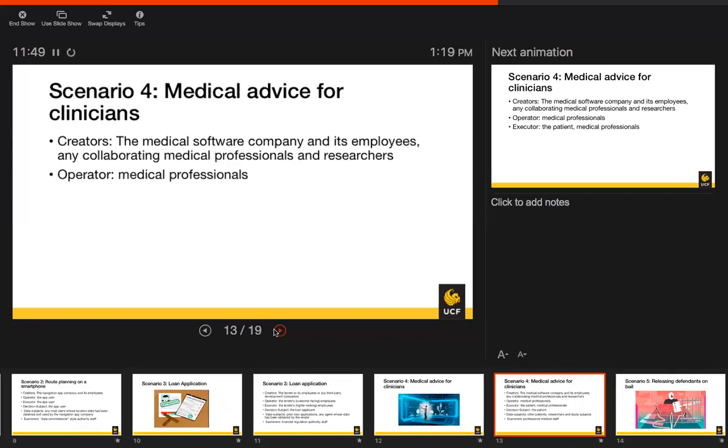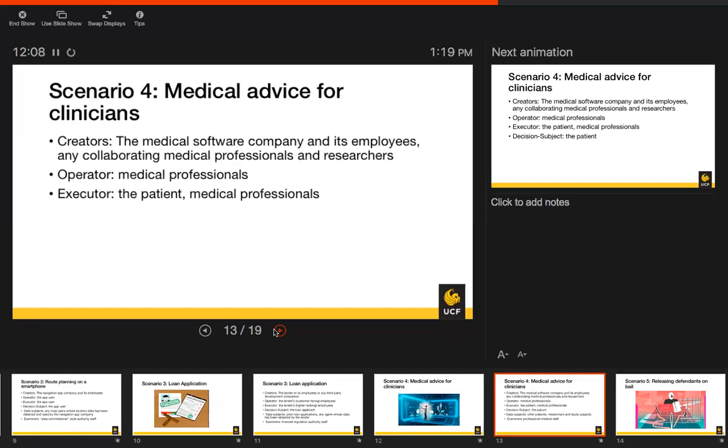The operator would be the medical professionals who will input the data of the patient and get the results from the machine learning system. The executor would be the patient and the medical professionals.